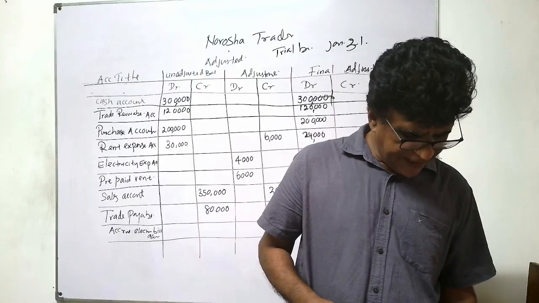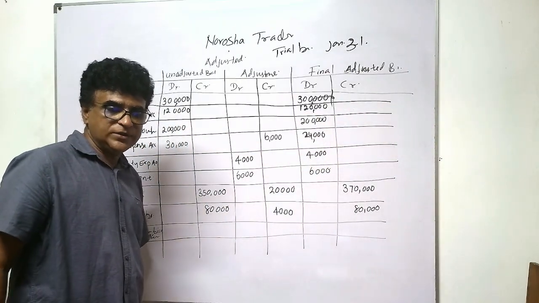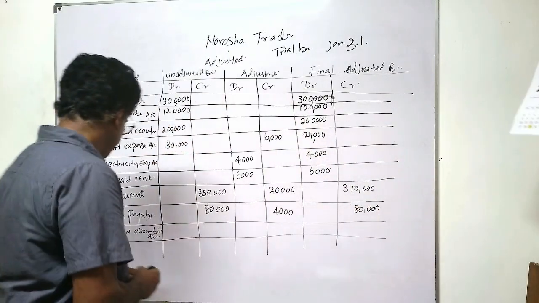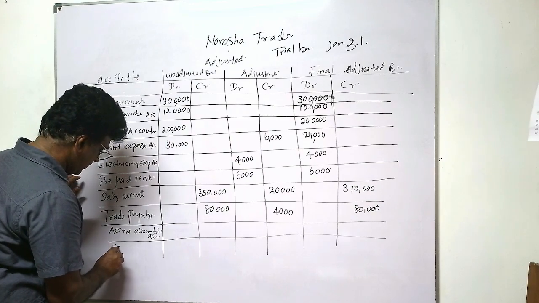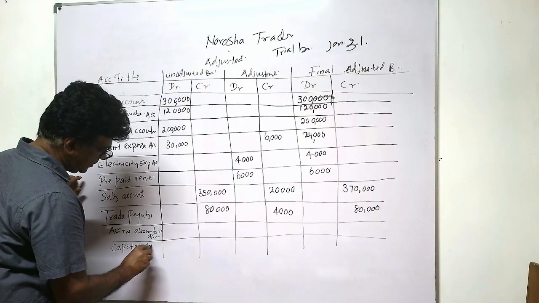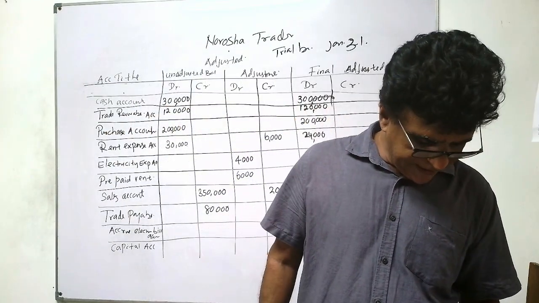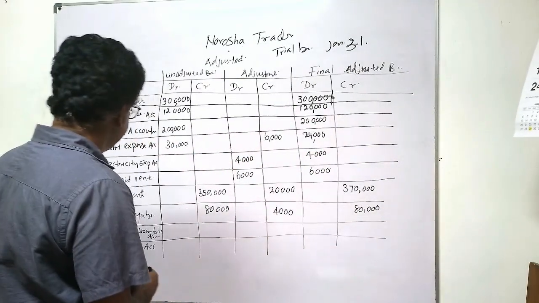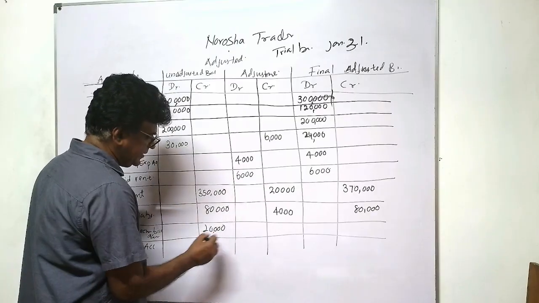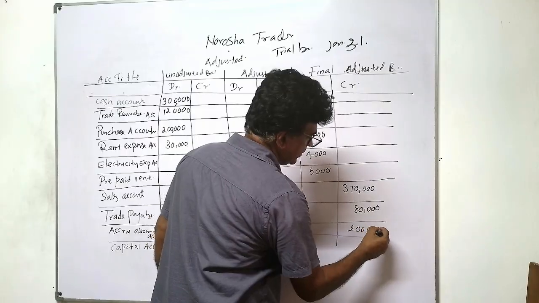Capital account is there, right? In the capital account, there is a 200,000 credit, and here 200,000 credit.